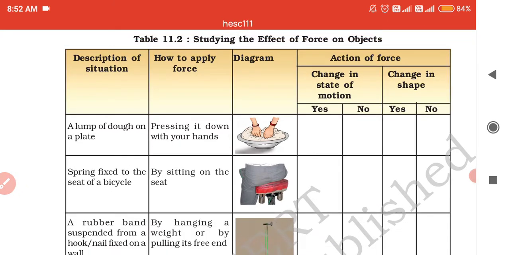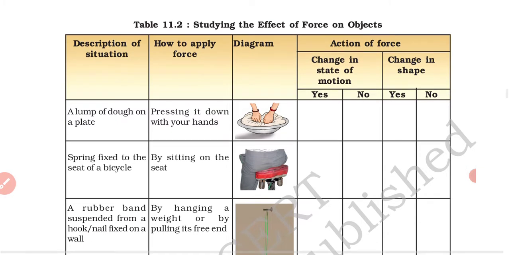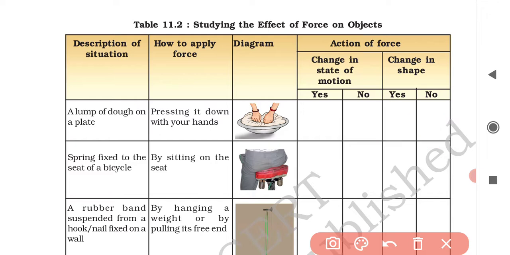So the first situation, you see a lump of dough on the plate. So how to apply a force over the dough? By pressing it down with your hands. Okay, so in doing so, will there be any change in the state of motion? You see the object, you see the dough, is it free to move? Not at all. It is not free to move, right? So there will be no change in the state of motion.